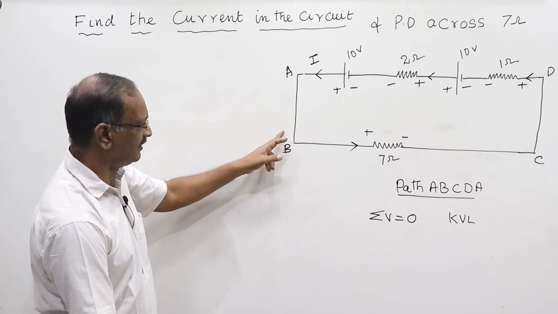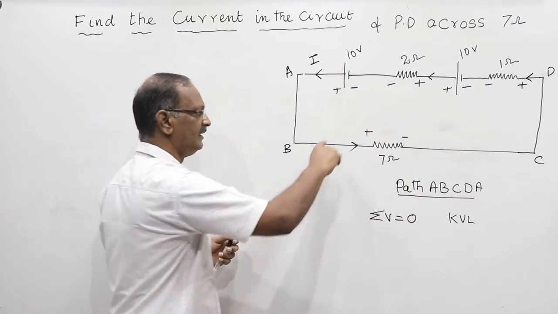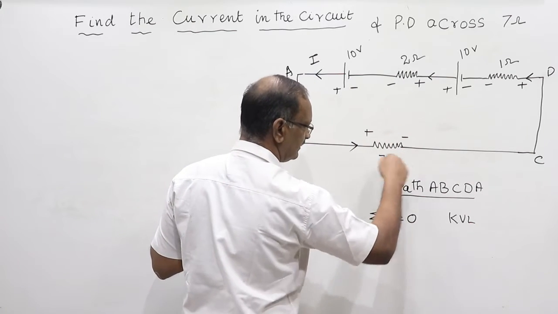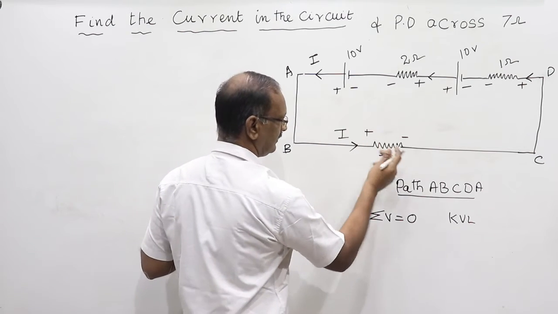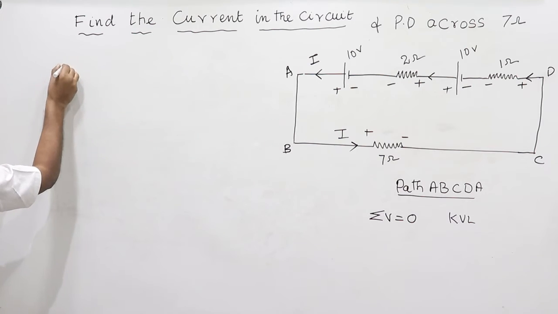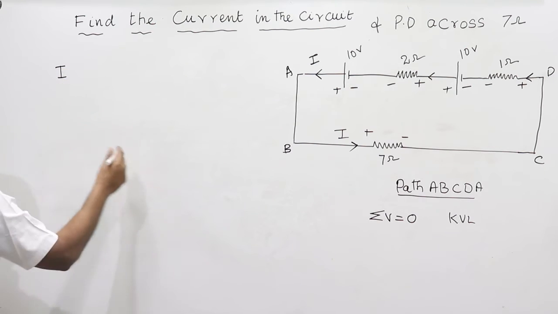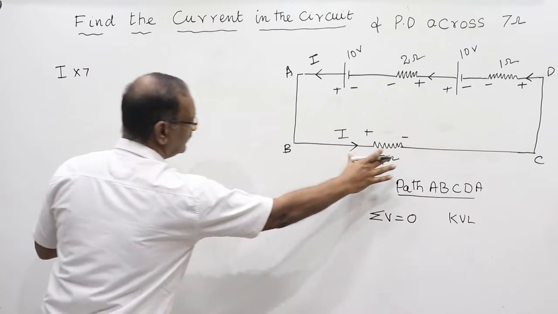Now we are moving from here to here, up to here, where there is no voltage drop. Voltage across a resistor is equal to current through it into resistance. So first we write I, which we do not know, and R is equal to 7. This is the voltage across this one.